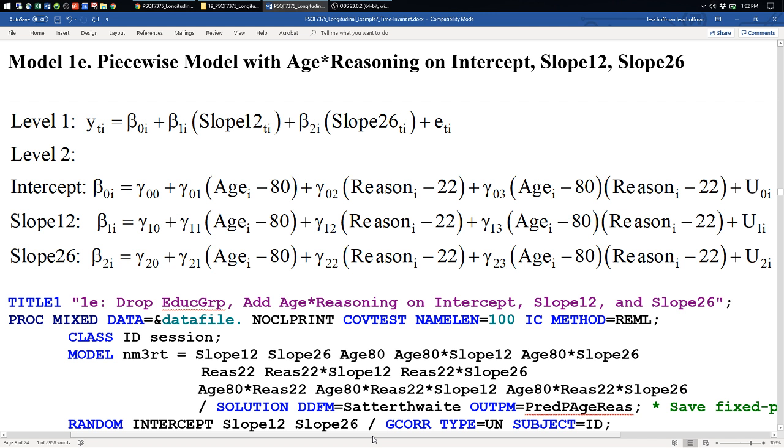Some people would say you can't do that. I say you can do that so long as you've tested slope 2, 6's variance first, and you include it if you need it, but if you don't, okay, let's take it out. What would these fixed effects in this line have to do? What's left?